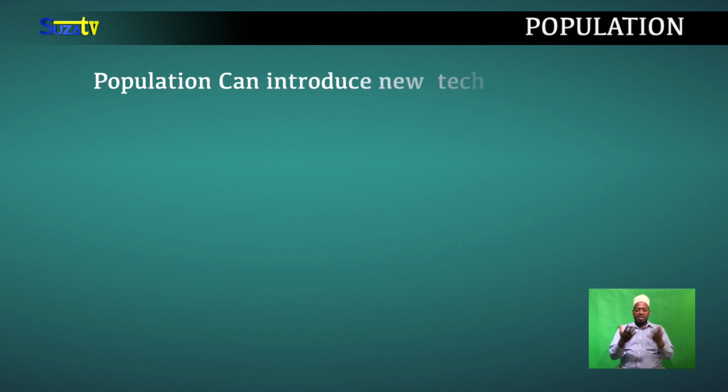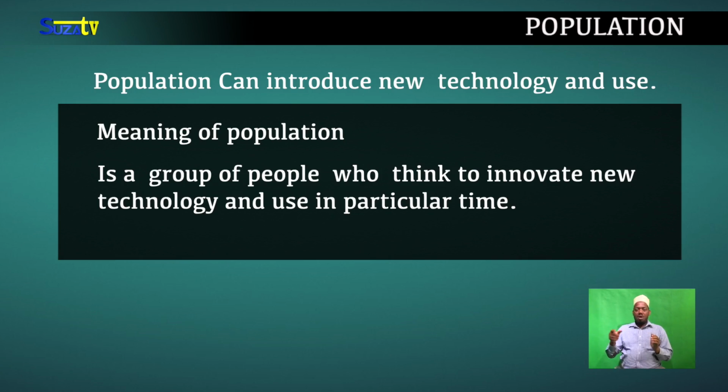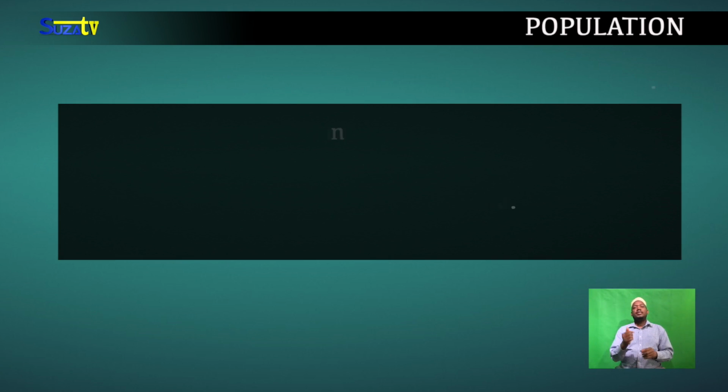Population can introduce new technology and uses. It is a group of people, my students, who think to innovate new technology. Every day new technology can be discovered, but the thinker is a person and they use it at a particular time.